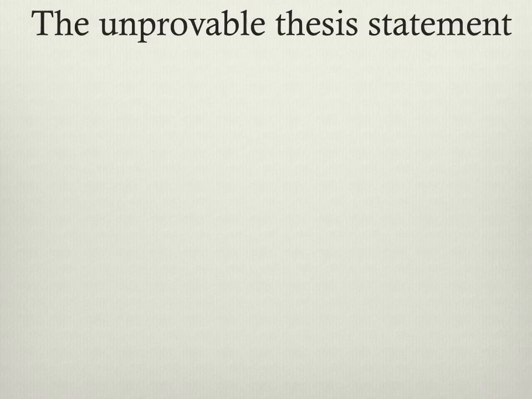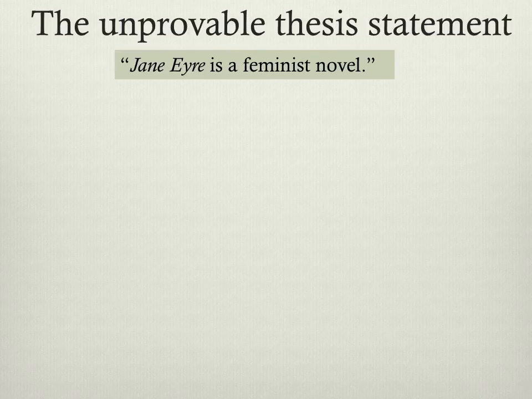Another problem would be a thesis statement that just can't really be proved at all. I mean, the thesis statement has to be debatable, but when we have something as vague as Jane Eyre is a feminist novel, the proof would depend on what we mean by feminist.